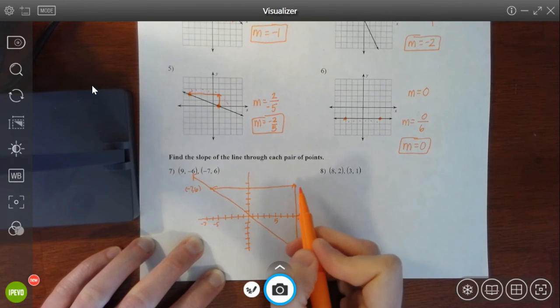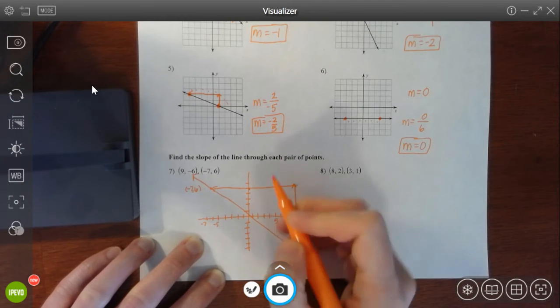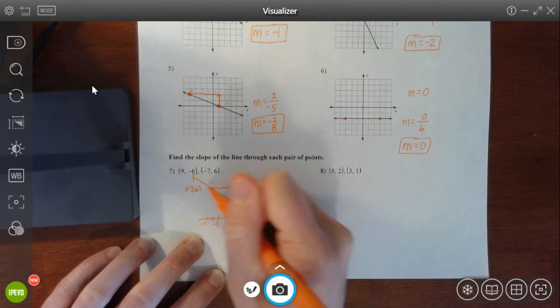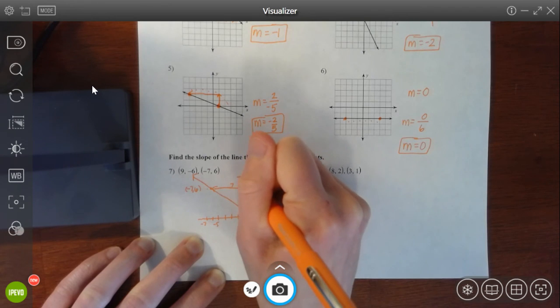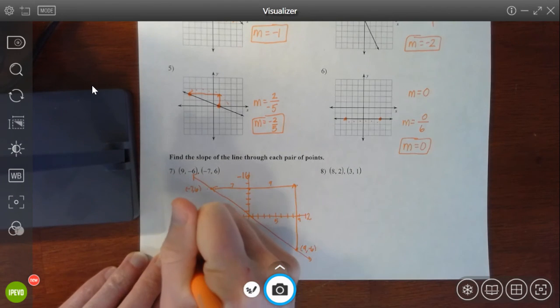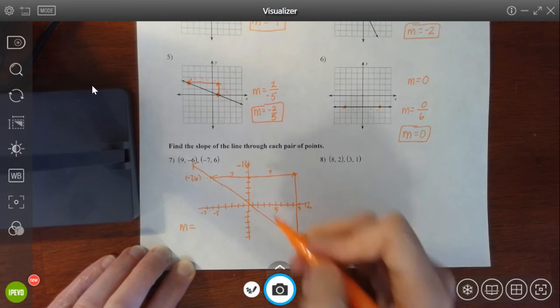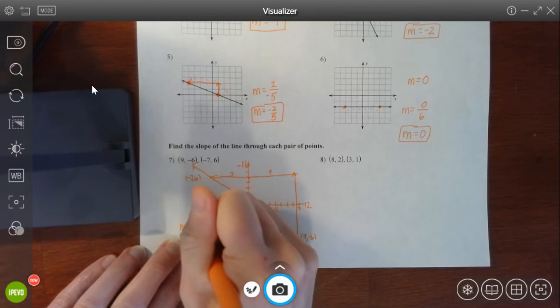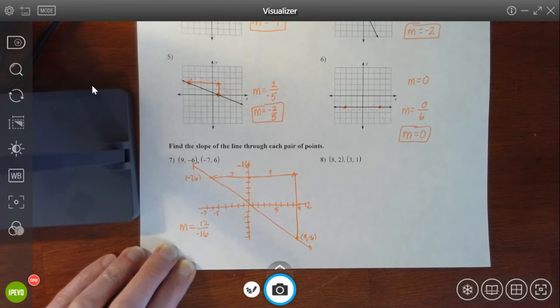And then here I started at 9, and I moved backwards all the way to get to this point. So from the starting to the axis there, that would be 9 units. And then from here to here, I went back 7 units. So from this point all the way there, I went left 16. So my slope, if I'm looking at rise over run, I would take my rise of 12, divide it by -16 for my run.